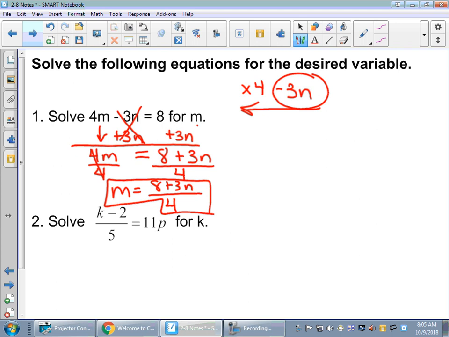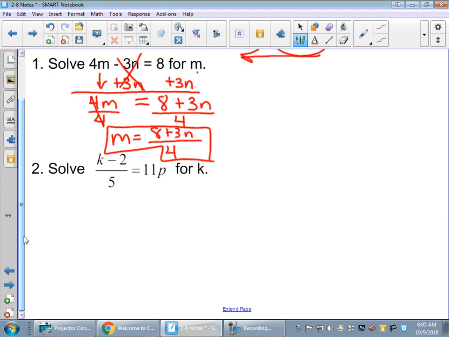Number 2, we have a k and a p, and it's telling us to solve for k. So let's look at what's happening to k. If there was a number for k, I would subtract 2, and then I would divide by 5. But I have to rewind what I just said, because the 5 is underneath the entire subtraction, so we have to take care of that first.